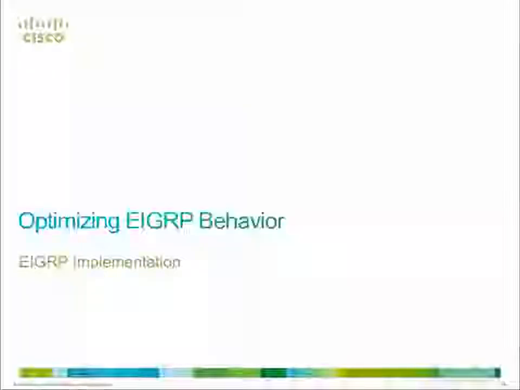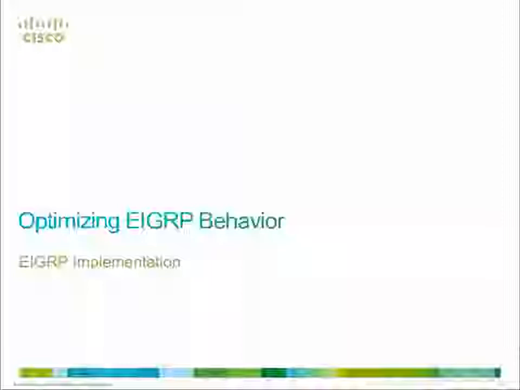All right, welcome back. Now we're back in module number 2, and we're into lesson number 3, which is optimizing EIGRP behavior. This is a really important lesson because it speaks to what our goals are with respect to designing and implementing a protocol as efficiently as possible.